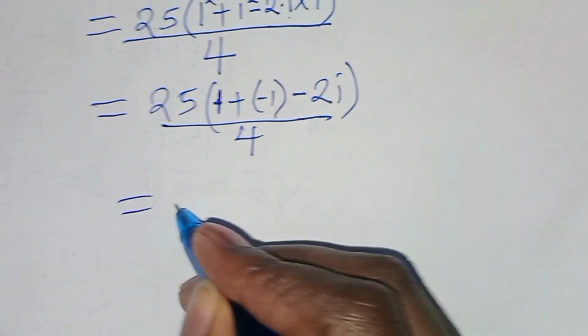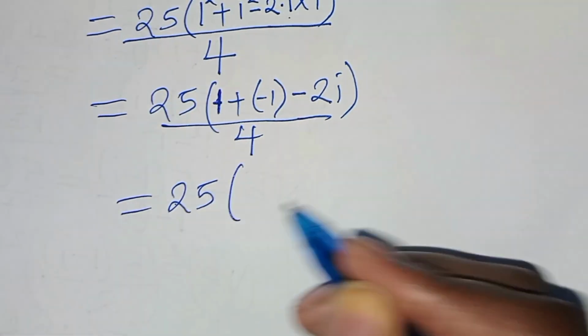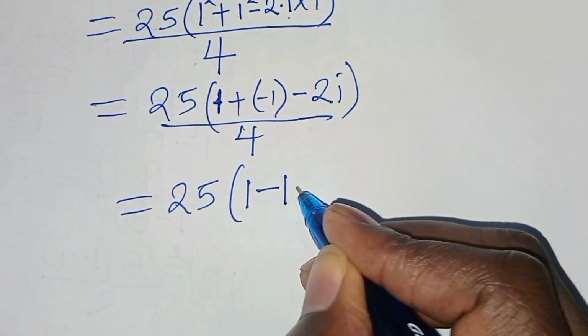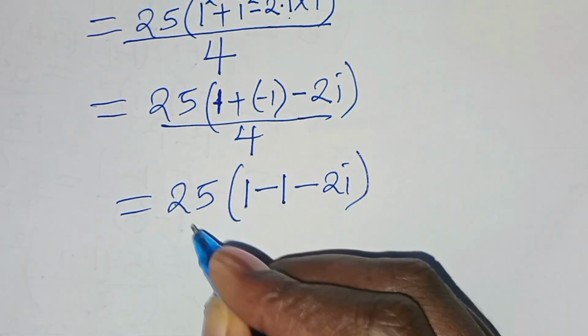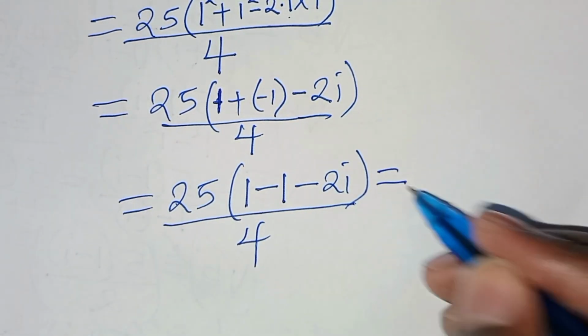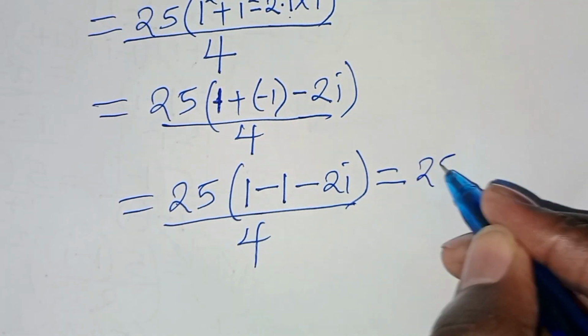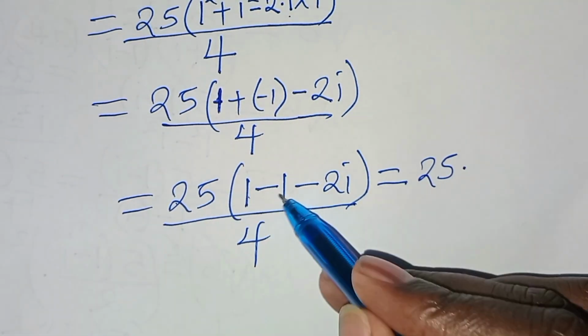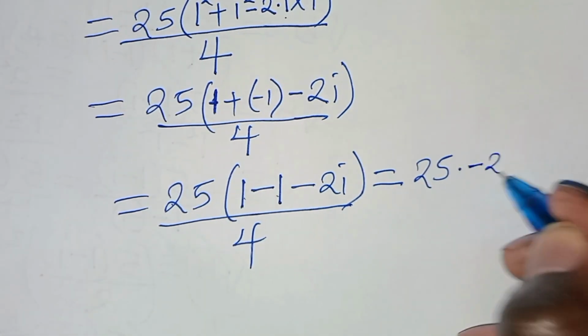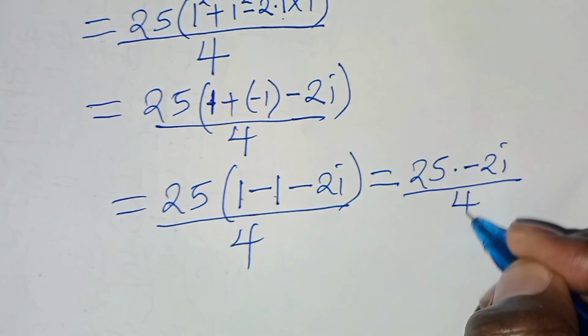So the next step, we have 25 into the parentheses 1 subtract 1 subtract 2i, all of this divided by 4. So this is equal to 25 multiplied by, 1 minus 1 which is equal to 0, then negative 2i divided by 4.